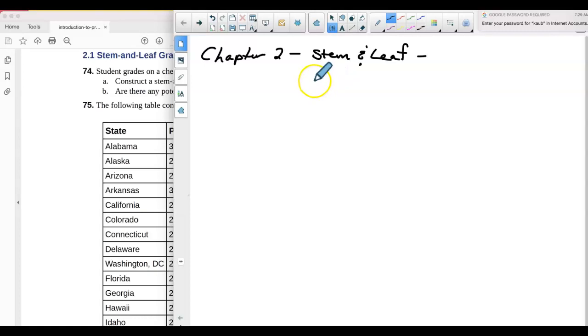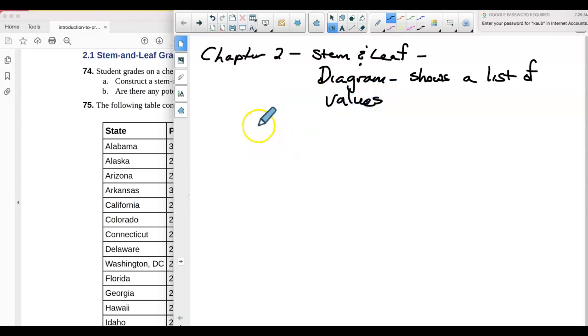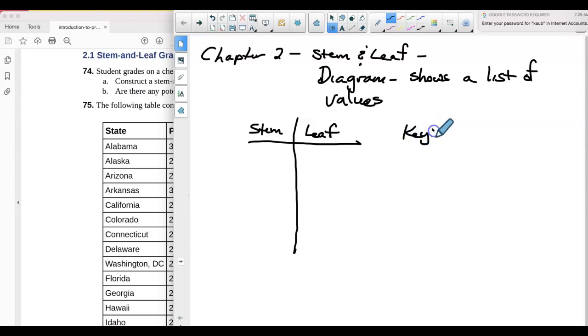It's a diagram that shows a list of values. We break it down into two parts, a stem part and a leaf part, and then we have a key that tells us what the stem and leaf mean.